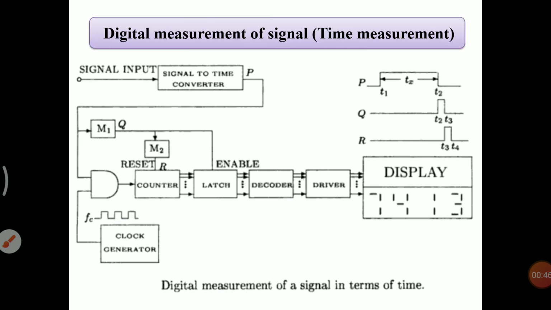So first point is measurement of time interval between two events. The basic block diagram is given here.